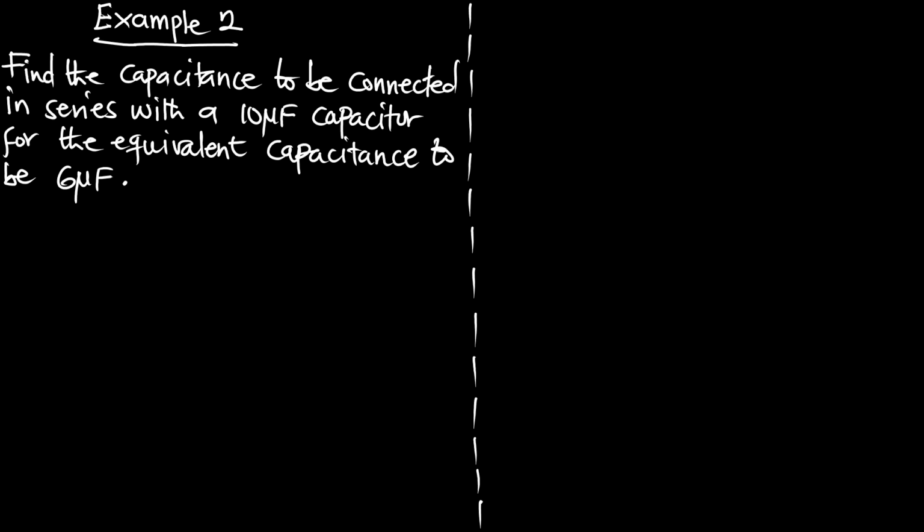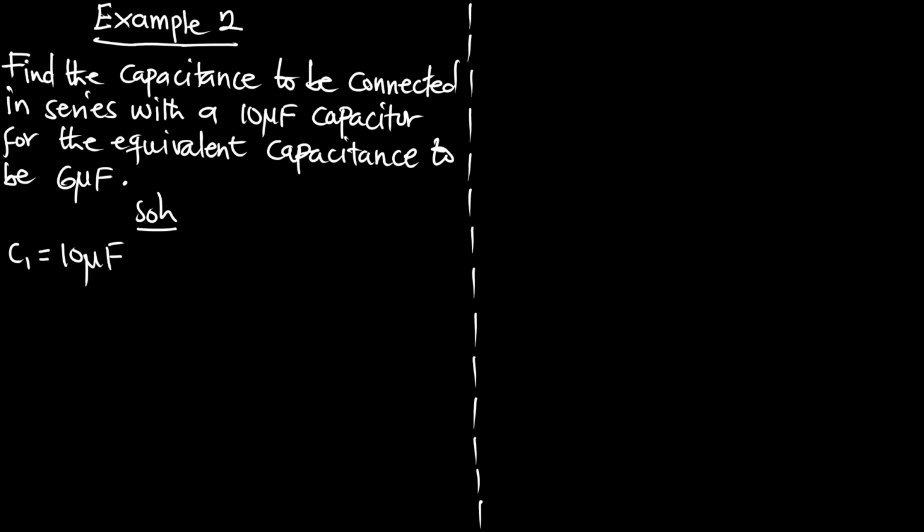Find the capacitance to be connected in series with a 10 microfarad capacitor for the equivalent capacitance to be 6 microfarad. Very simple. So here we are given some capacitance, which is C1, and that is 10 microfarad.